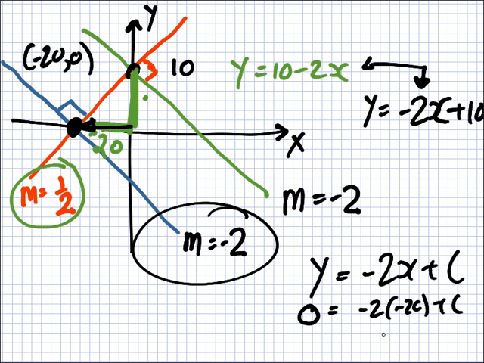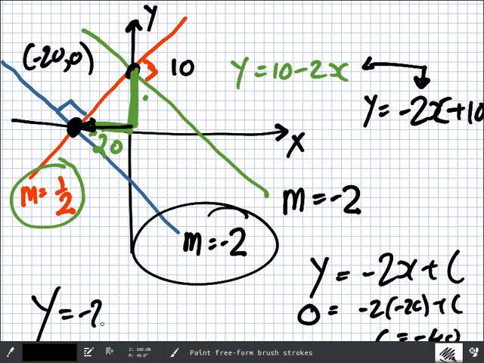So what's the c? Minus 40, I think. It's minus 40, isn't it? Because this is 40 to the other side. So the answer is y equals minus 2x minus 40. Yes.